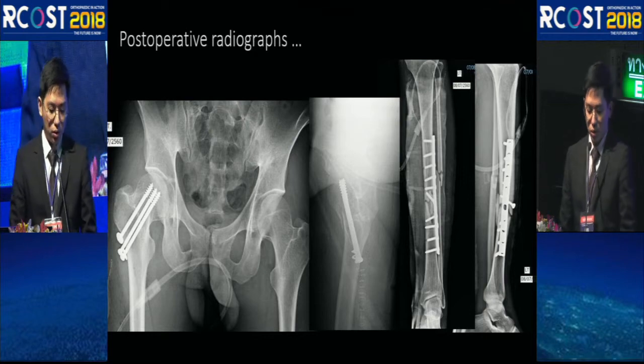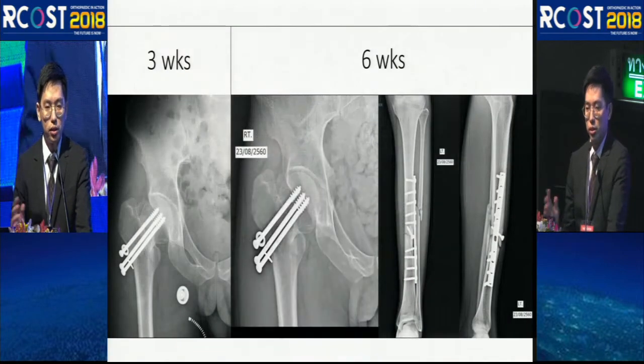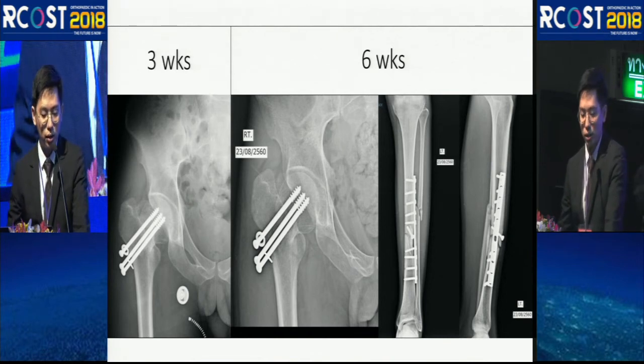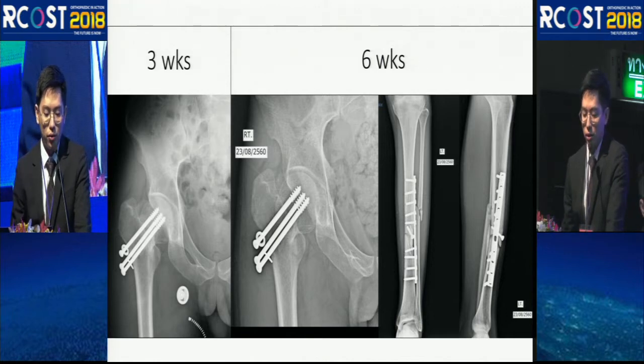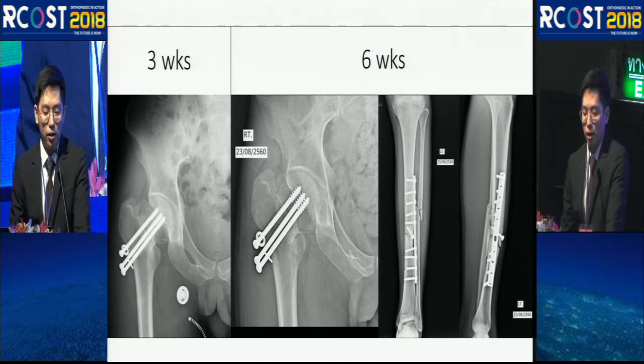So what happened next is the surgeon followed the patient, and after 3 weeks, you see that the femoral neck at the right hip collapsed and the screw was pulled out.